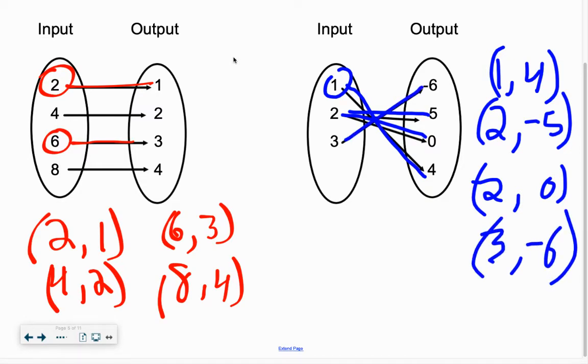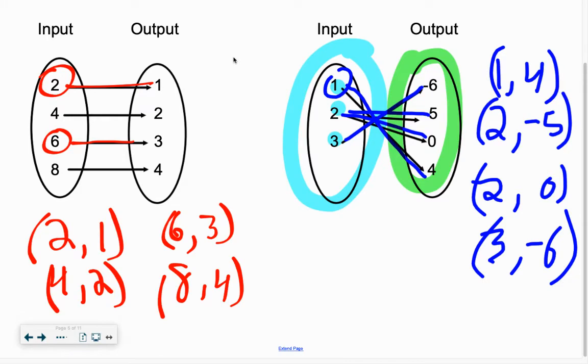Notice again, all of the inputs are listed in numerical order from top down, and the same thing with the outputs. They're listed in numerical order.